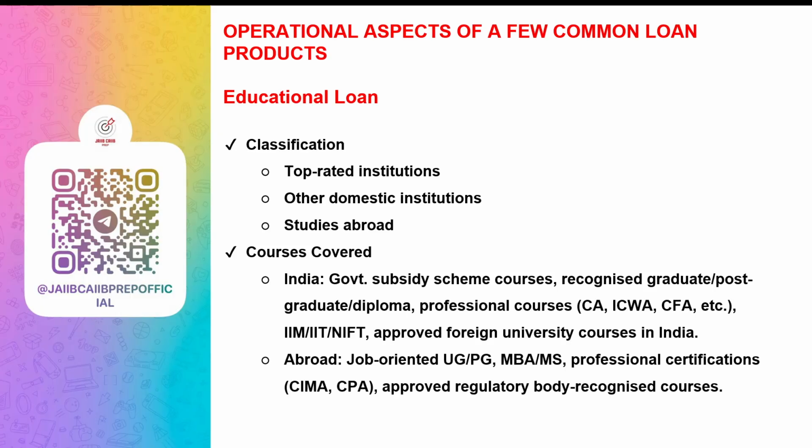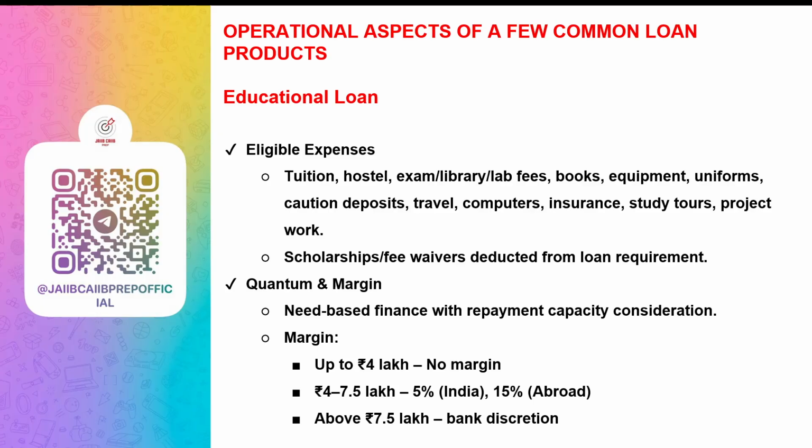So professional courses, recognized graduate and postgraduate diploma courses, courses at reputed institutes, courses under government subsidy schemes, job-oriented graduation or post-graduation courses, special professional qualifications, all of them are included.